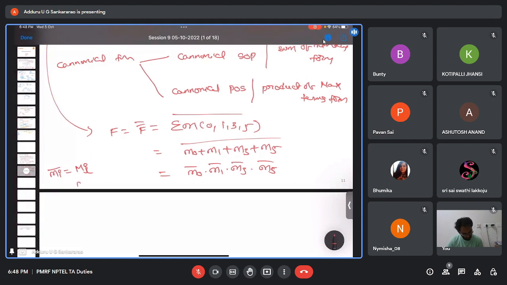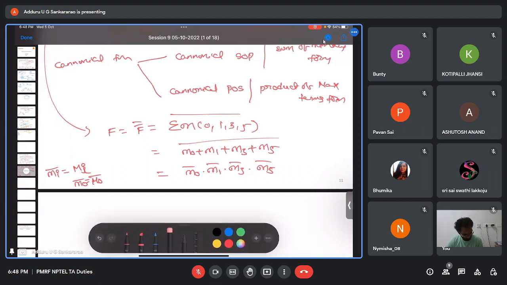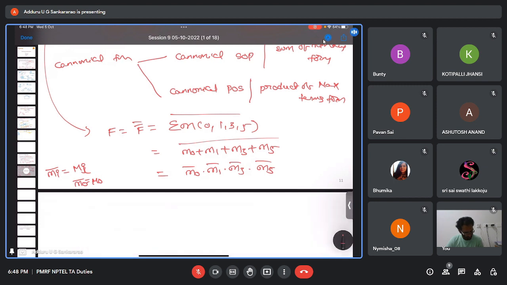So if m naught is a minterm, its complement will be max term 0. So F is m naught complement, which is max term 0, and minterm 1 complement equals max term 1, and minterm 3 complement is max term 3, and minterm 5 complement is max term 5.